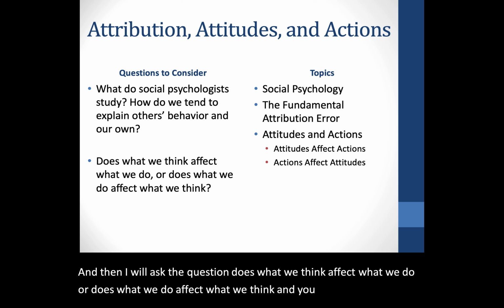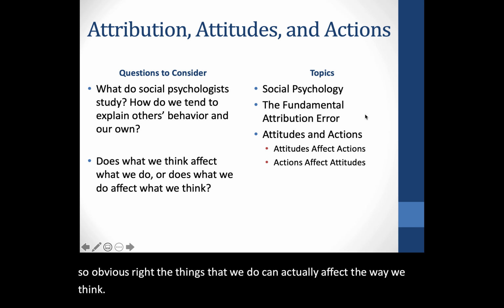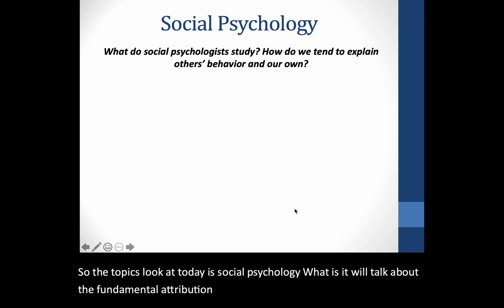What we think is, of course, going to affect what we do, and the things that we do, which the second one maybe not so obvious, right? The things that we do can actually affect the way we think. So the topics to look at today is social psychology. What is it? We'll talk about the fundamental attribution error, and then we'll talk about how actions and attitudes affect one another.